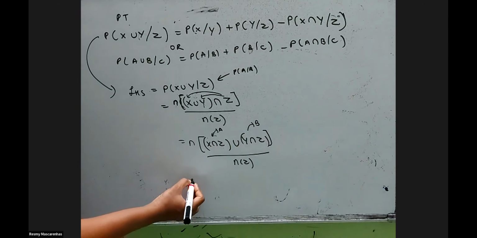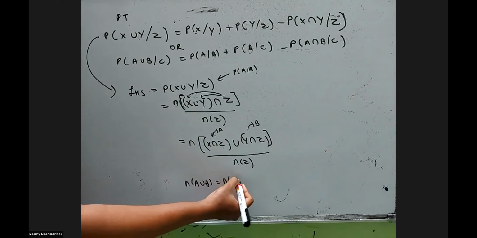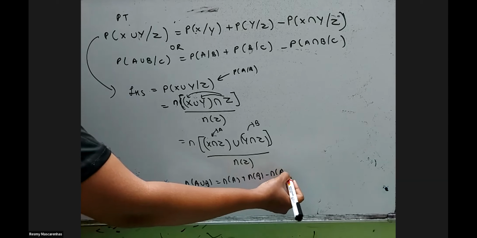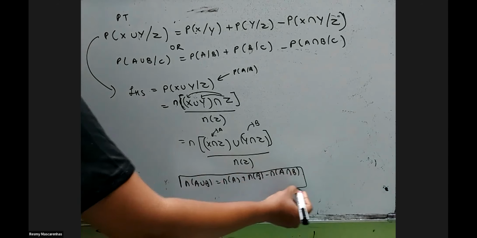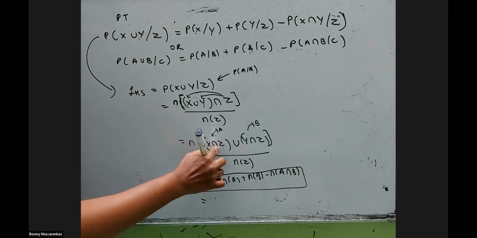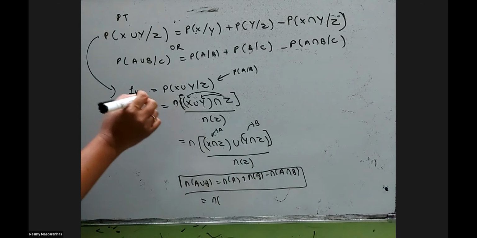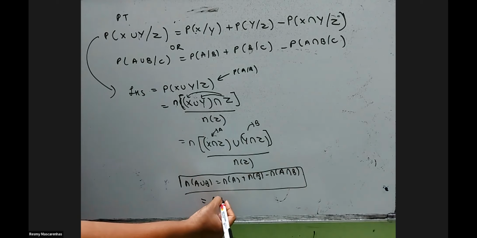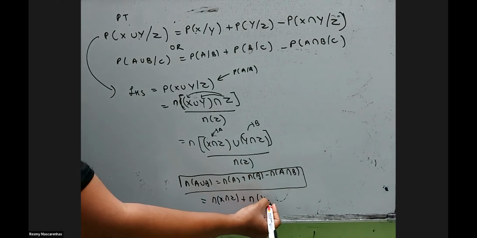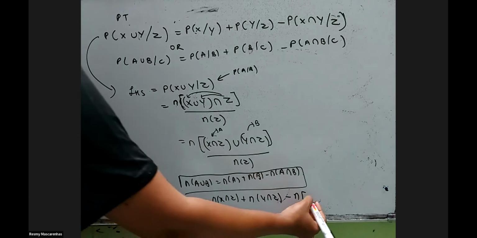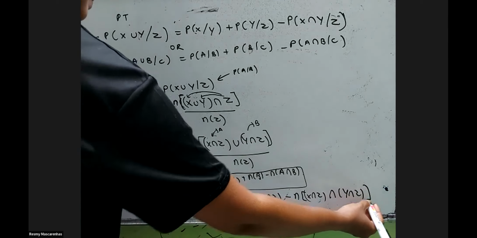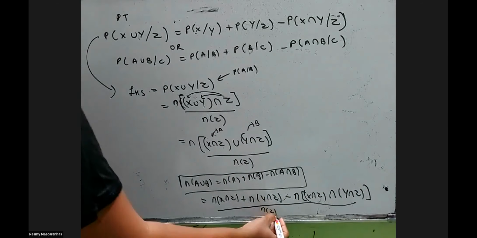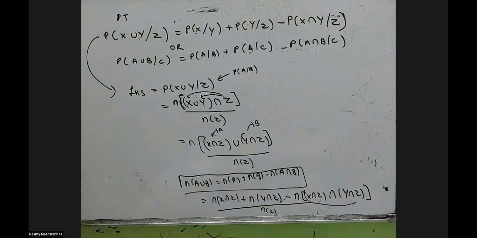What is the P of A union B formula? P of A plus P of B minus P of A intersection B. Apply the formula here.